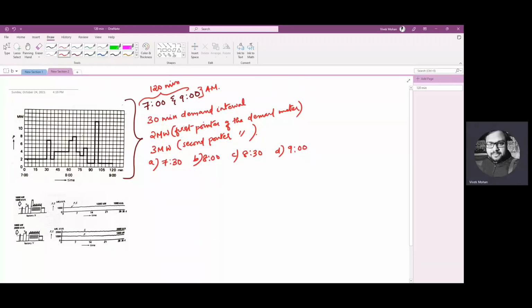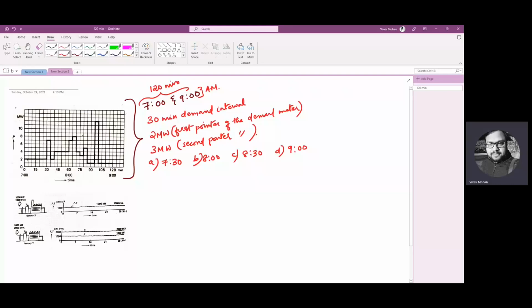For all these times, you are asked to find the meter readings for this demand meter, which shows 2 megawatts on its first pointer and 3 megawatts on its second pointer at 7 a.m. Now we have to find the meter readings for these times: 7:30, 8, 8:30 and 9.